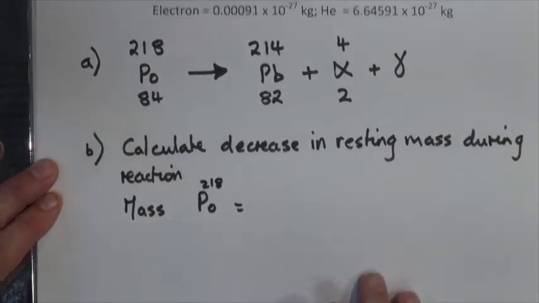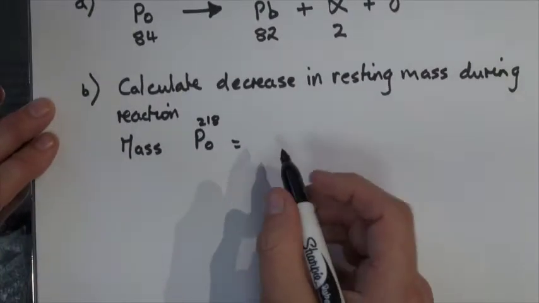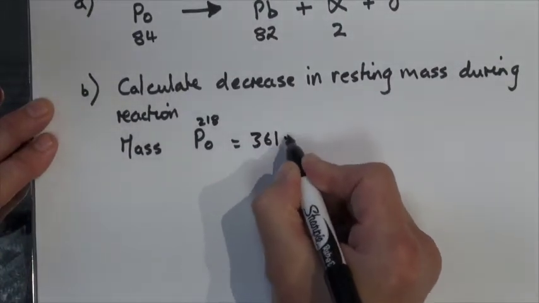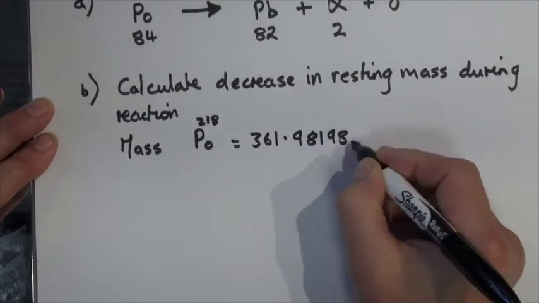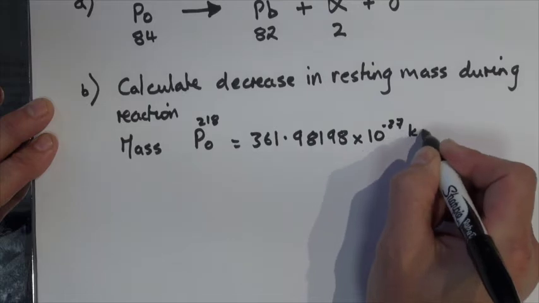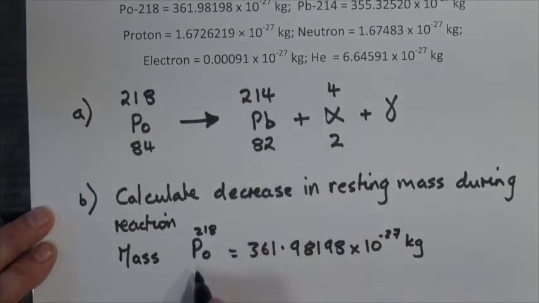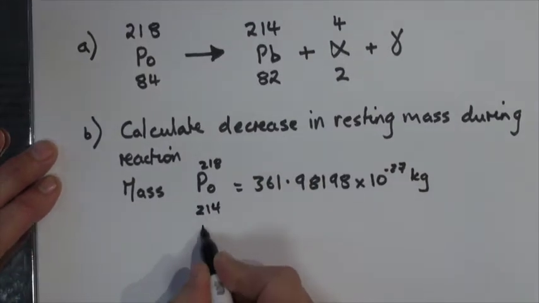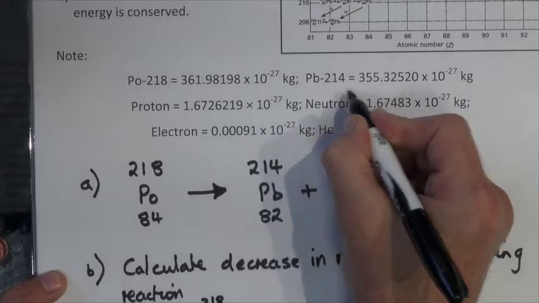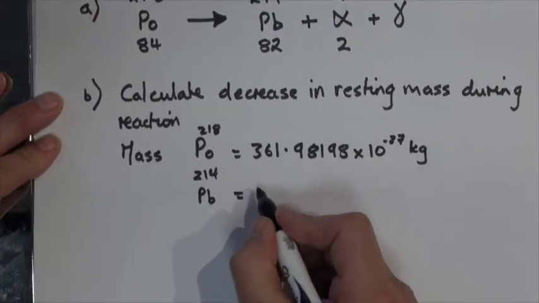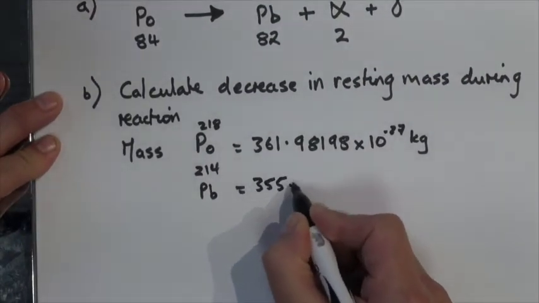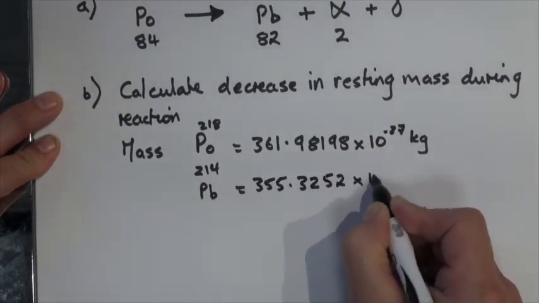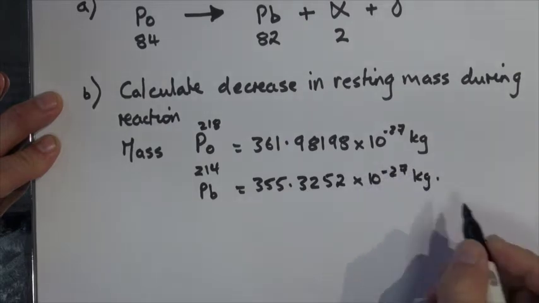Polonium-218 has a mass of 361.98198 times 10 to the negative 27 kilograms. The lead-214 has a mass of 355.3252 times 10 to the negative 27 kilograms.